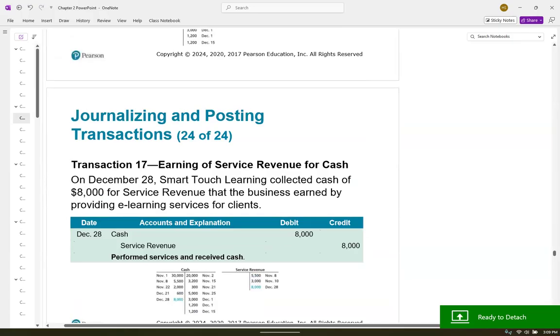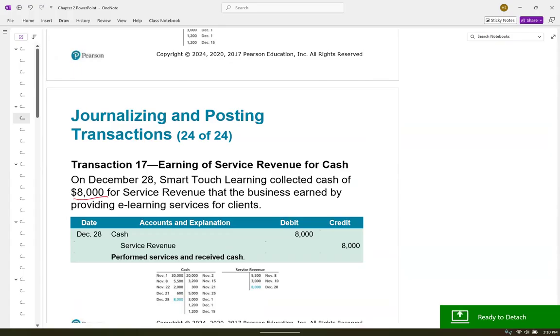Earning the service revenue for cash. Okay. So here they provided a service. It doesn't have anything to do with the unearned. They provided $8,000 of services and they got cash at the same time that they performed the service. So cash is going to go up by $8,000.